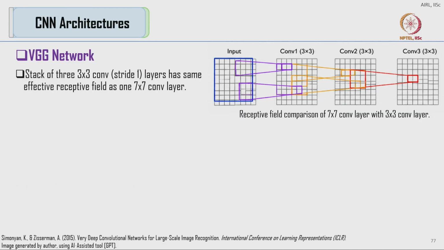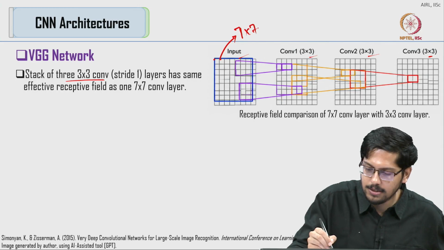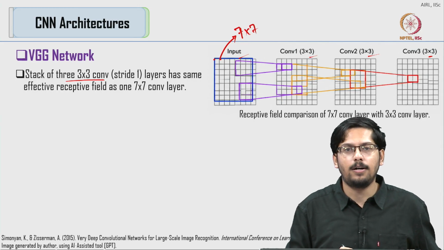Now, in the VGG network, essentially the philosophy is to use a stack of 3 convolutional layers. So, if we have an input, we have 3 convolutional layers one after another, right. Now, these layers have the same effective receptive field as one 7x7 convolutional layer. Essentially what we are trying to establish is the blue box is the kernel size from a 7x7 convolutional layer, right.